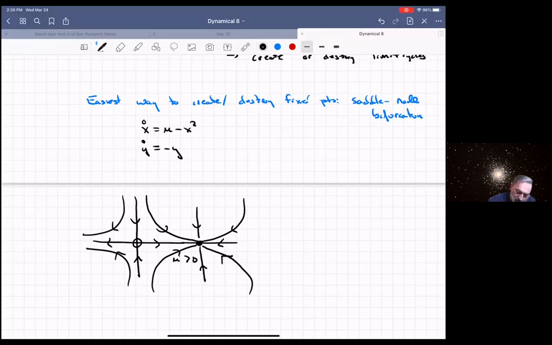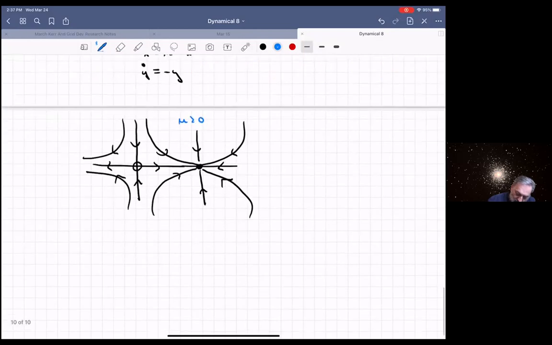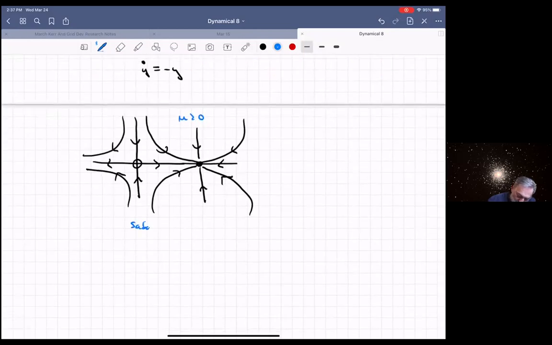Sorry, mu positive. We have a saddle next to a node.